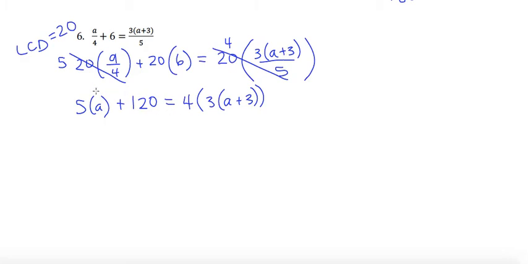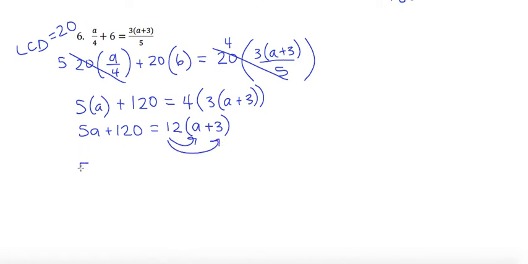So let's go ahead and simplify some of this. I have 5a plus 120. And I can multiply my 4 by my 3. So 4 times 3 gives us 12. And then I have to multiply that by a plus 3. So this becomes a distributive question where I'm multiplying my 12 by everything inside of my bracket.